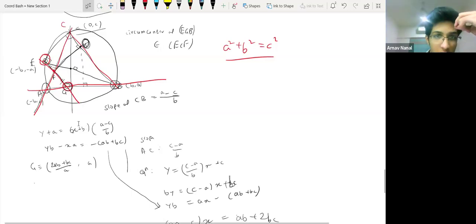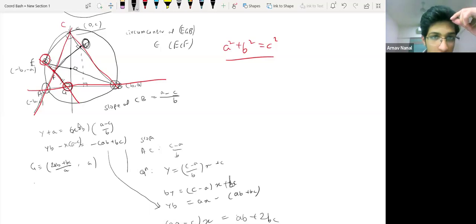Oh, my bad, this is x minus a minus c. Yeah, now it makes sense, I was not getting that. Minus x into a minus c. Right, let me redo this.